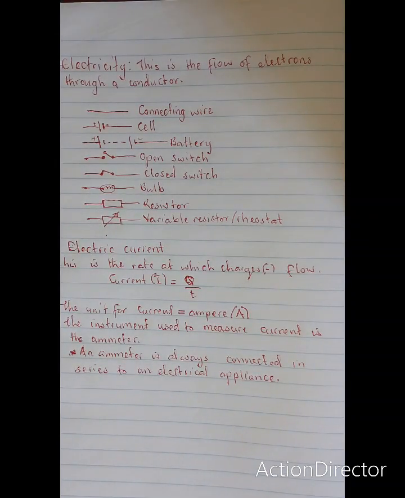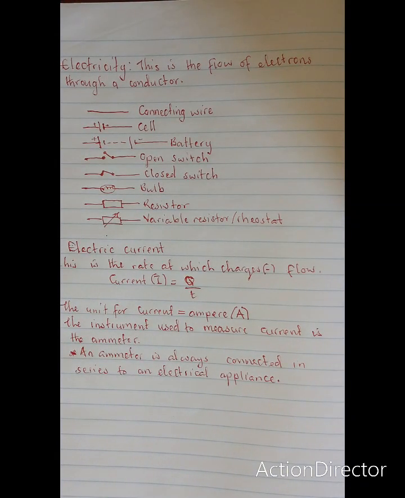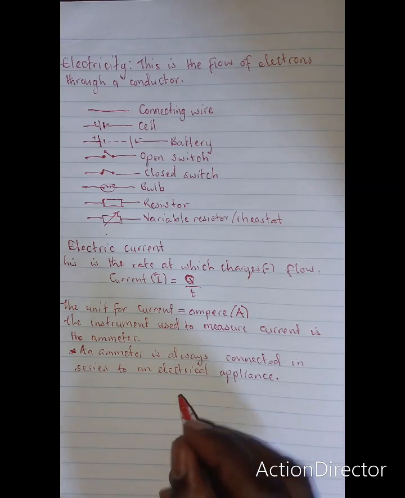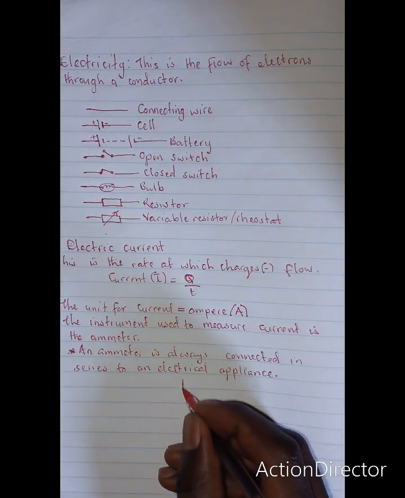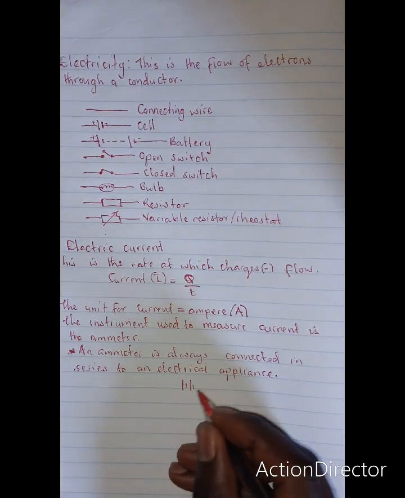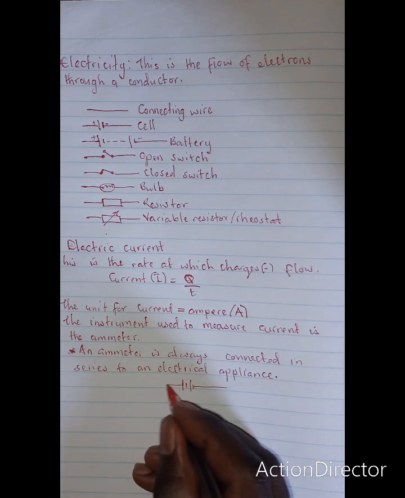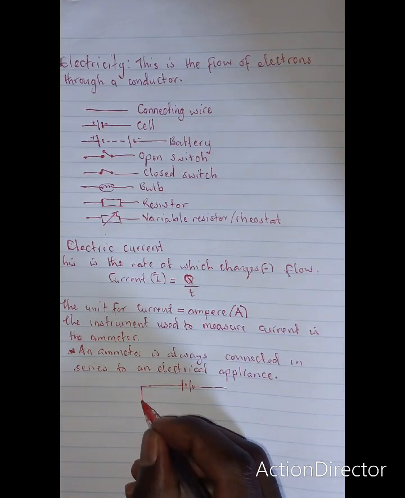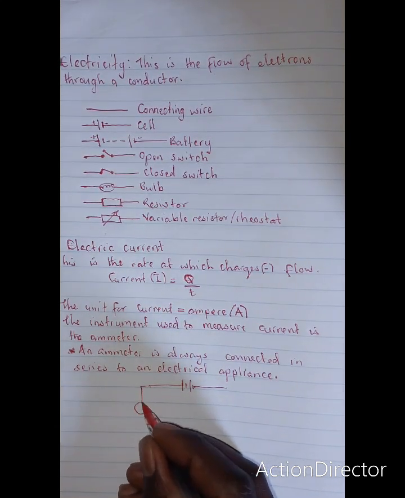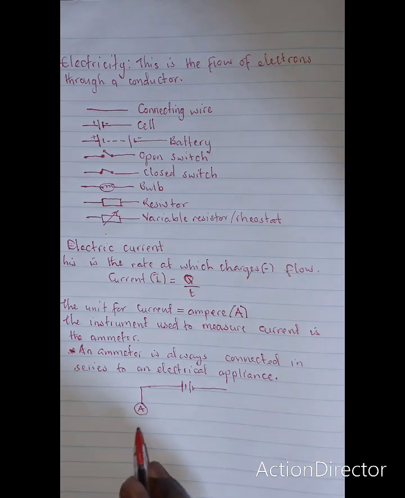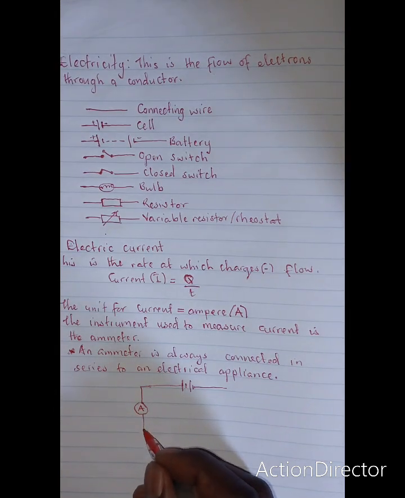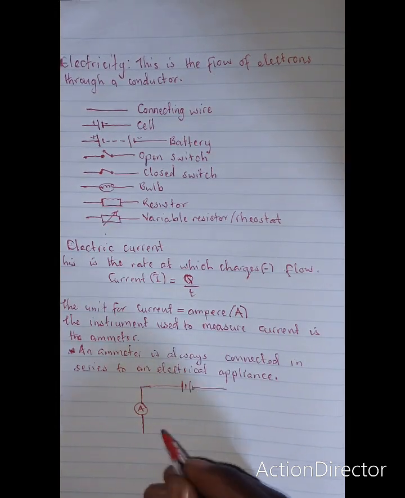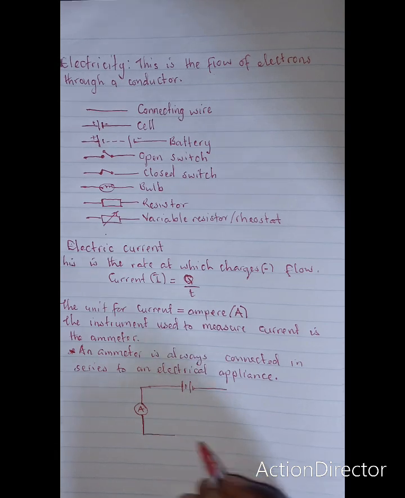What does that sentence mean? When we say in series, what are we trying to say? We'll represent that using a very simple diagram. Here we have a battery, a very simple circuit, and then an ammeter. Then there should be the appliance there.